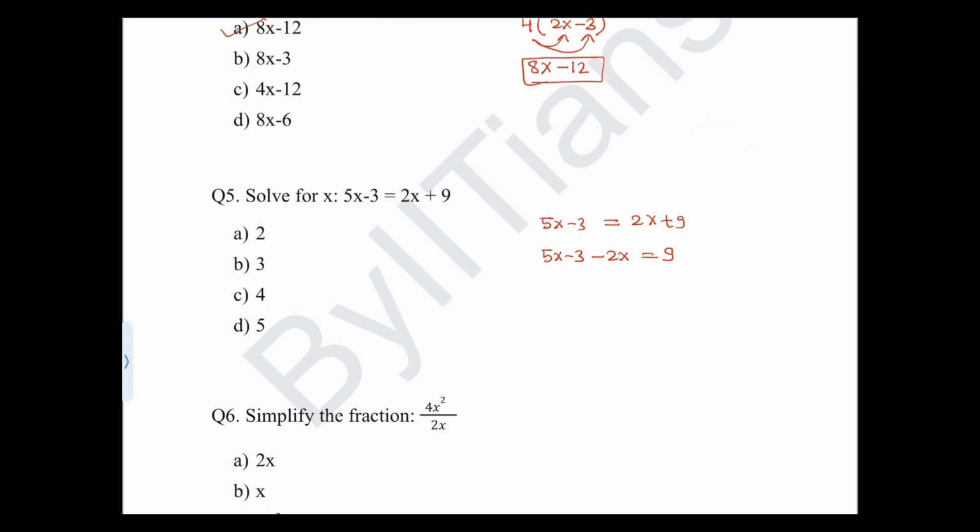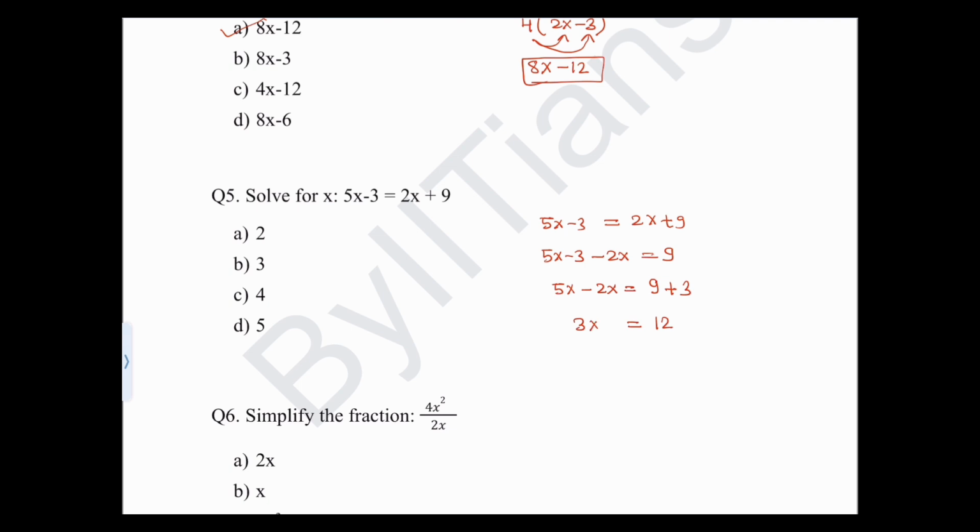Since we are sending the minus 3 to the other side, it will become plus 3 on the other side. So our equation will become 5x minus 2x, and since we have sent this 3 over here, it's 9 plus 3. Now 9 plus 3 is equal to 12, and 5x minus 2x will give you 3x.